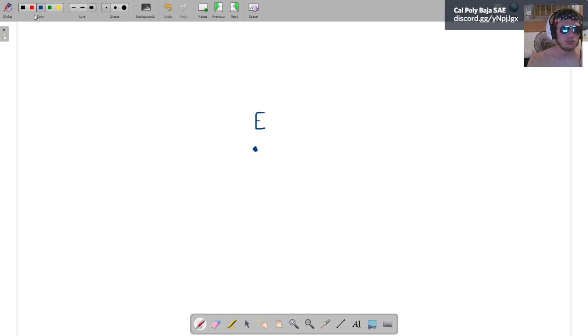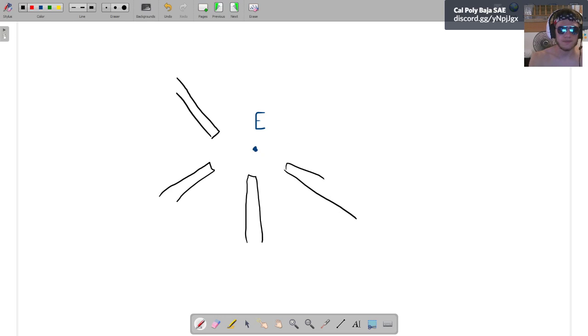So, point E, we knew had a member coming in this way, in that way, in this way, and in that way. So, point E, we'll do this loosey-goosey. Force there, force there, force there, force there.